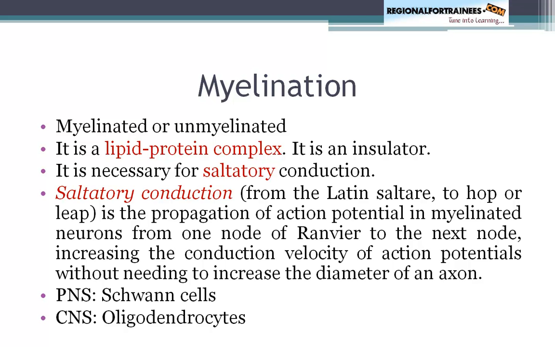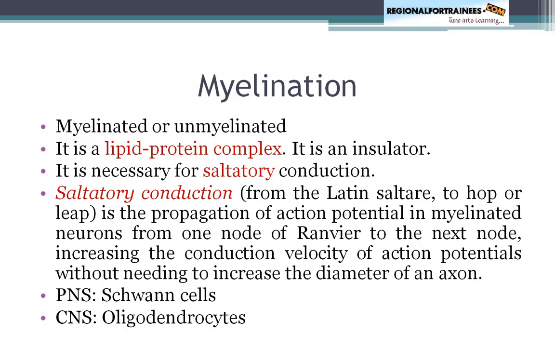When we talk about myelin, we need to know that this is a lipid protein complex. Its basic function is to act as an insulator. Now, by virtue of acting as an insulator, it results in what we call saltatory conduction, which comes from the Latin word saltare, which translates to to hop or to leap.